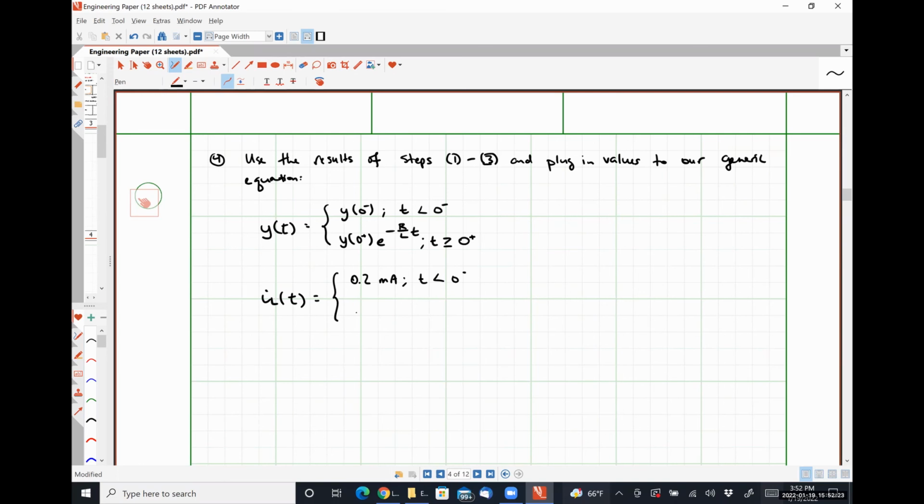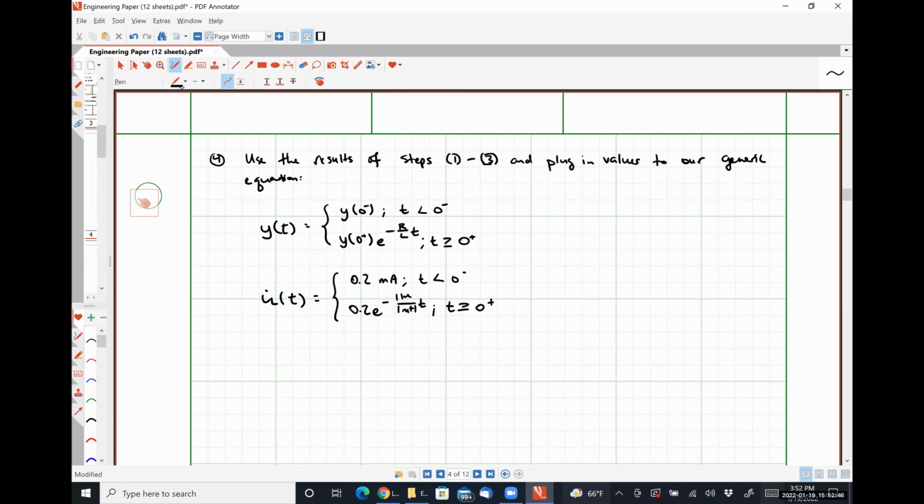And then it will look like 0.2 e to the negative r over L t, so that's 1 kiloohm over 1 millihenry, for t greater than or equal to 0 plus.